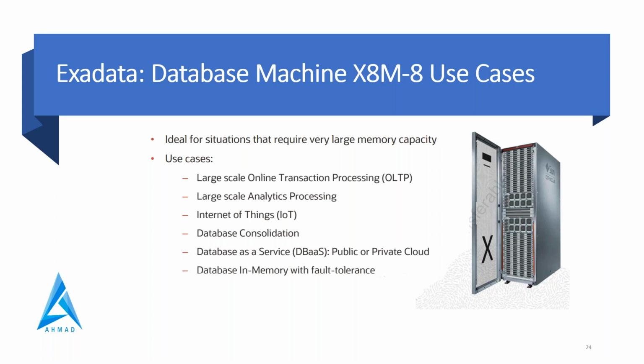And with the introduction of new software capabilities, Exadata database machine X8M is well suited as a platform for database consolidation and for delivering database as a service, that is DBaaS, in a public or private cloud implementation. And the large memory capacity of the X8M 8-socket database server is ideally suited for use in conjunction with the Oracle database in-memory option.